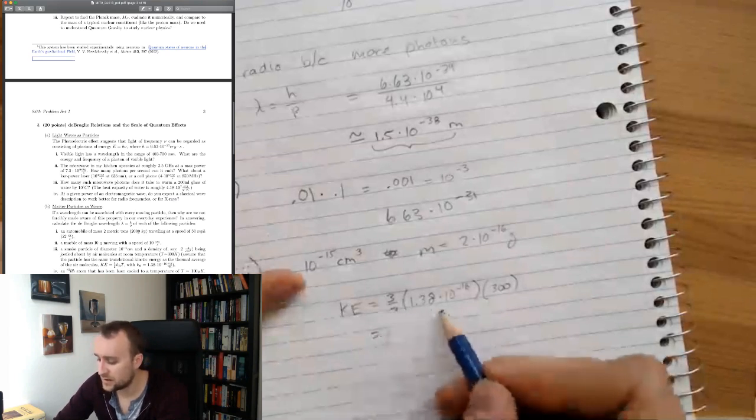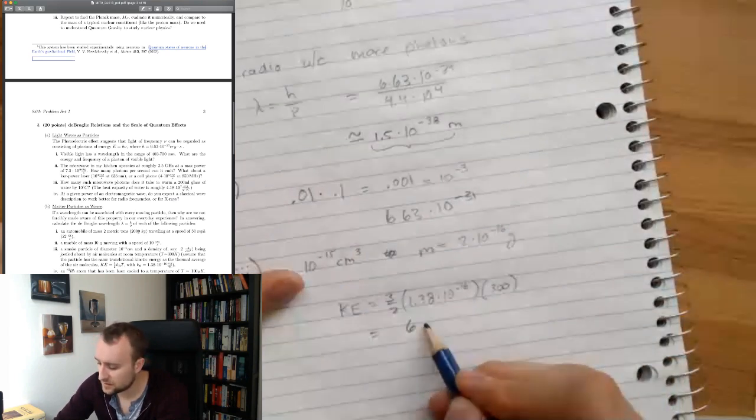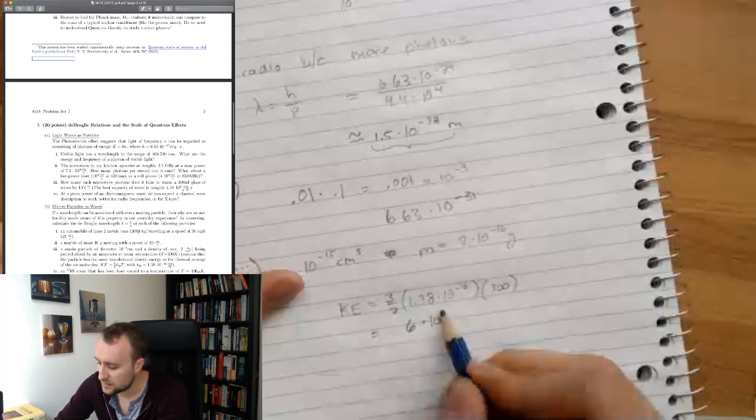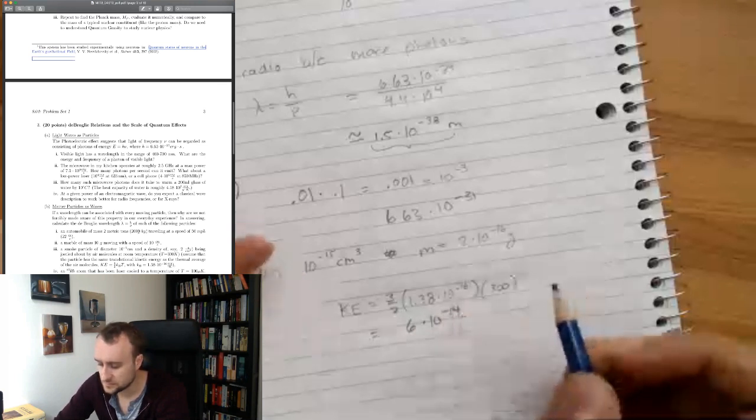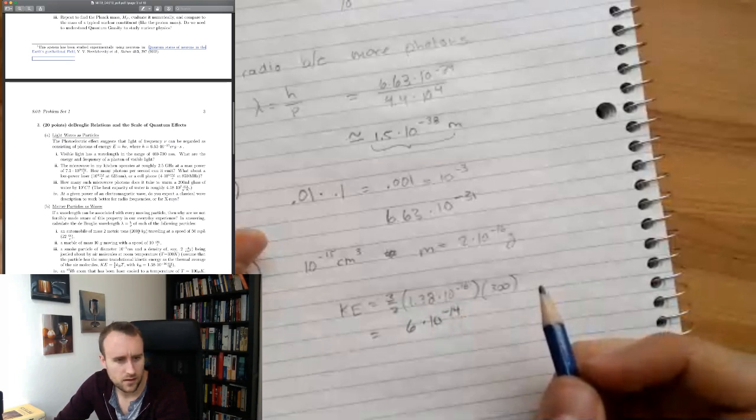So 600 times this, let's just say 6 times 10 to the negative 14 is the kinetic energy.